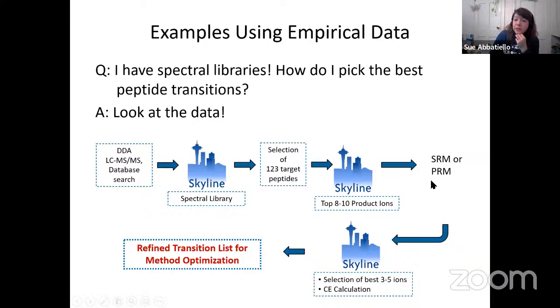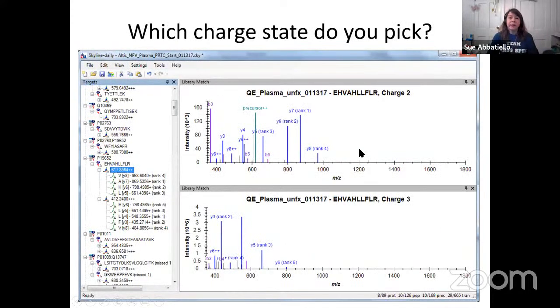For PRM, or parallel reaction monitoring, you can keep all of those and just worry about how the data looks, and then not include some of those peptides at the end, but they will always be collected by the mass spectrometer. Ultimately, by going through this process, you have a refined transition list for method optimization. So this is to guide you through some of the hiccups, for when it's your first time doing this and you don't know what to do.